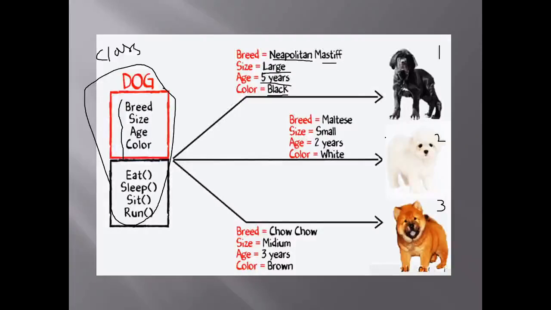Now this is another type of object and its details are different. You can see this is another type of object and its details are different. And all these objects belong to the class dog, because these objects fall into the category of dogs only. But the properties and the details are going to be different.